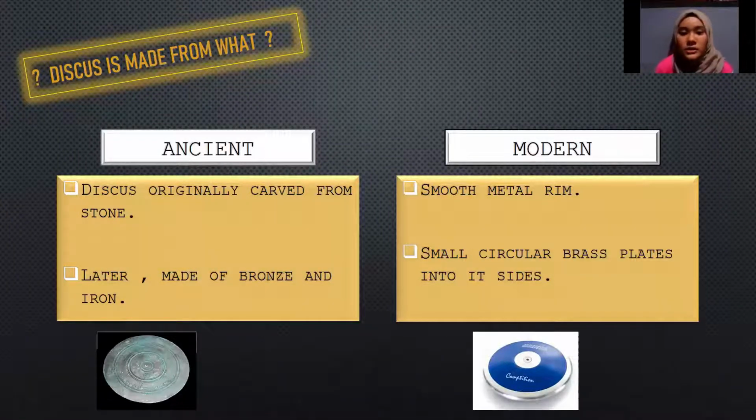In the modern era, most athletes use a smooth metal discus, which has small circular brace plates on the sides. Basically, the discus is thick in the middle and thin toward the edges. The circular edges are thin and sharp.